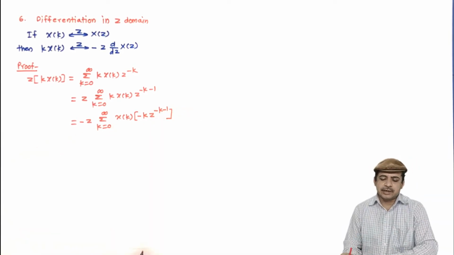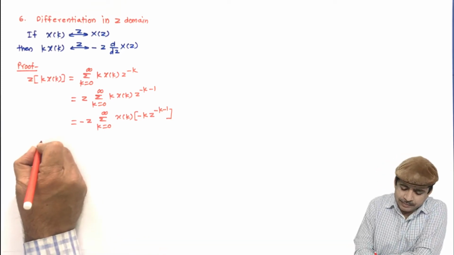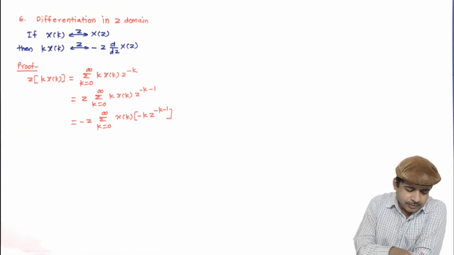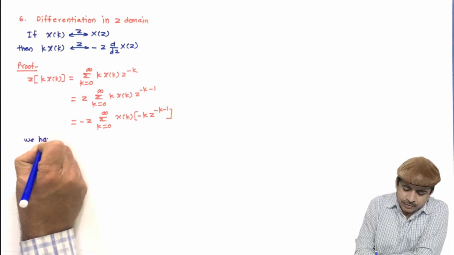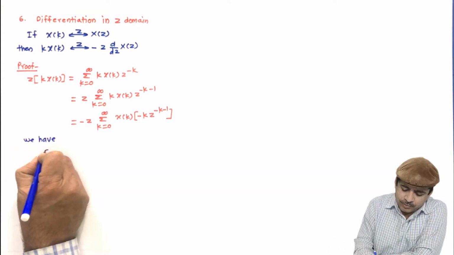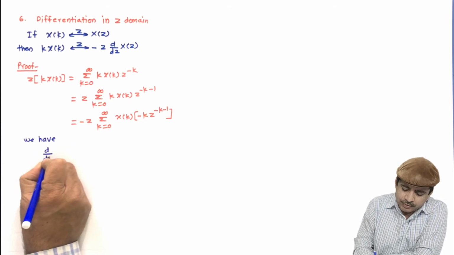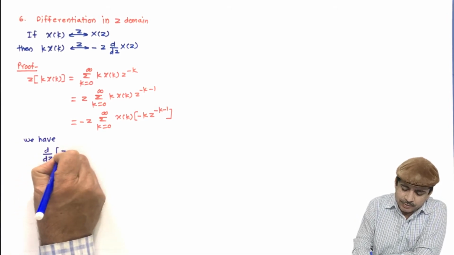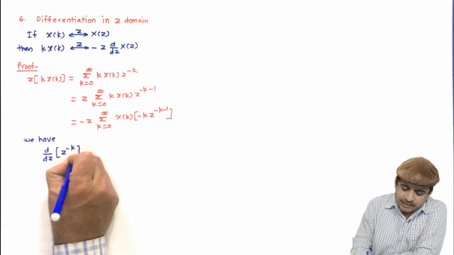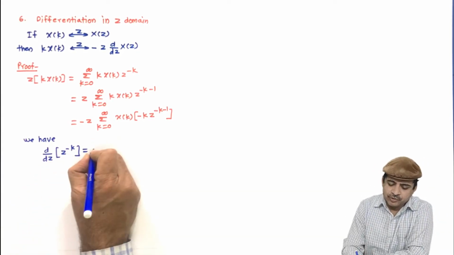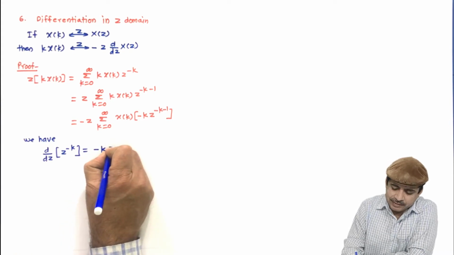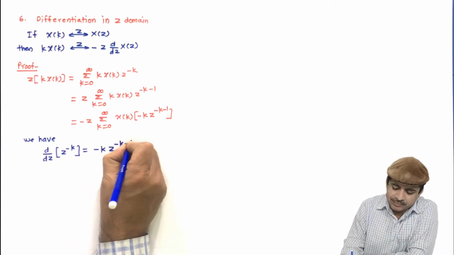Now let us take one identity that we have: d by dz of z raised to minus k. What will it be? It is with respect to z, so it will be minus k z raised to minus k minus 1.